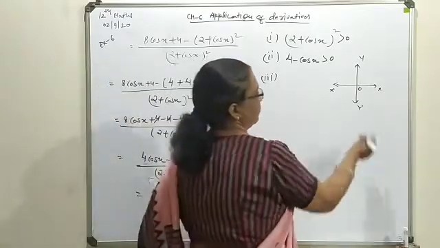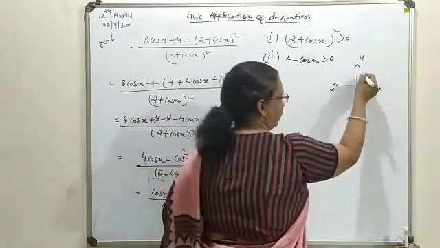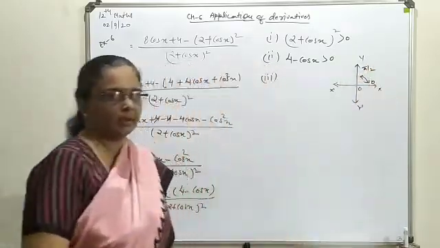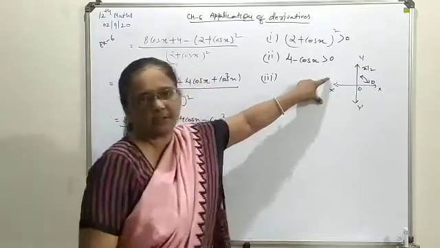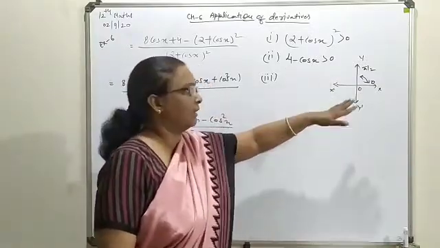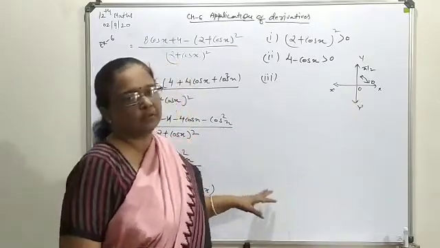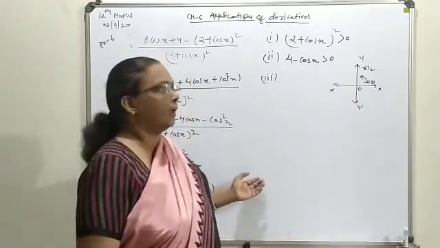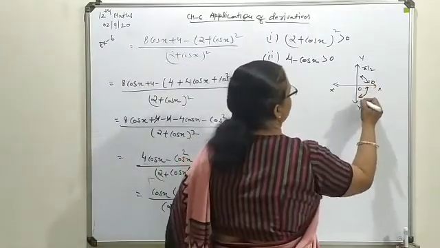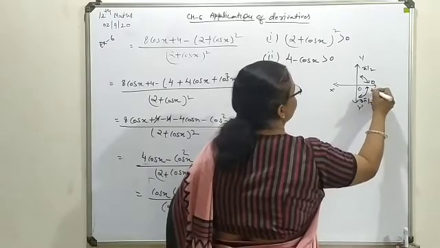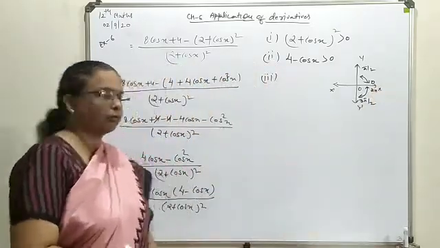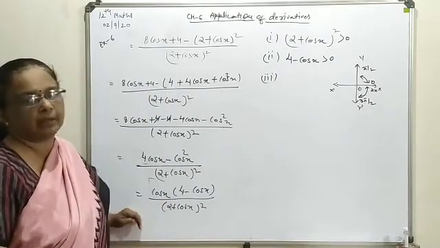So cos is positive from 0 to pi by 2. Secondly, in the second quadrant it is negative. In the third quadrant also it is negative. In the last quadrant, 3 pi by 2 to 2 pi, again it is a positive quantity. So cos is positive in 3 pi by 2 to 2 pi. These are the two different ranges for which your function is strictly increasing.